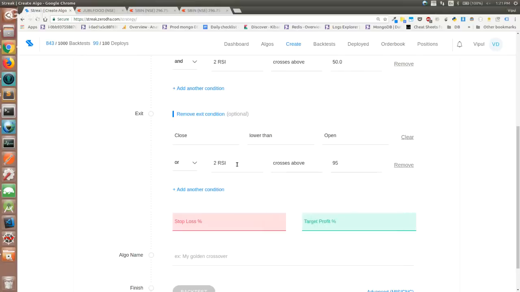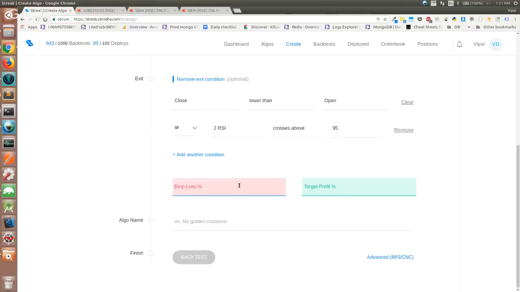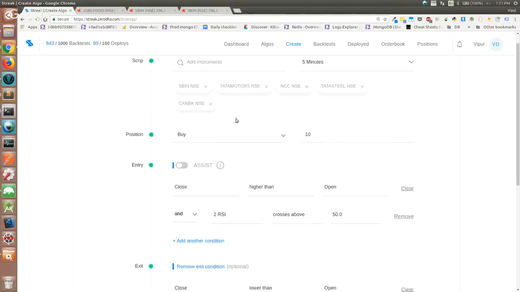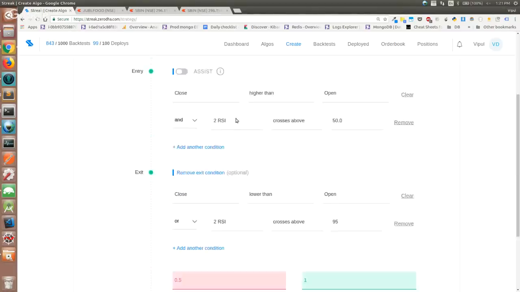So I'm just exiting whenever the price moves into the overbought region and the close is lower than the open, correct? So I'll just add again a 0.5 stop loss. I'll explain why I'm putting 0.5 and not 1% as stop loss and 1% as take profit. Because 0.5% of, let's say, SBIN, which is a 290 rupees stock, is about 1.5 rupees, right?